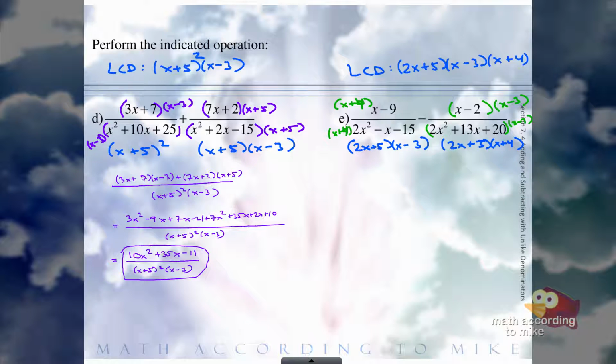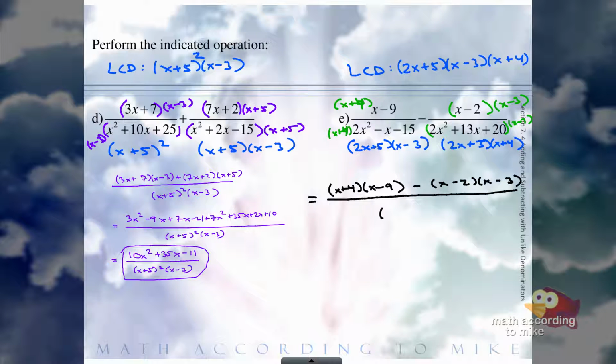Okay, so cleaning this up, I'm going to use black. Be careful, we're going to have one fraction now. The reason I'm saying be careful is because we have a subtraction, not an addition. Addition is much easier. And if done correctly, the denominator is always the LCD.